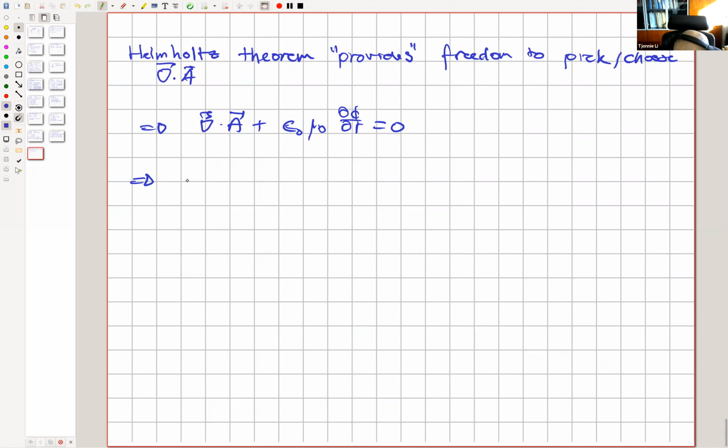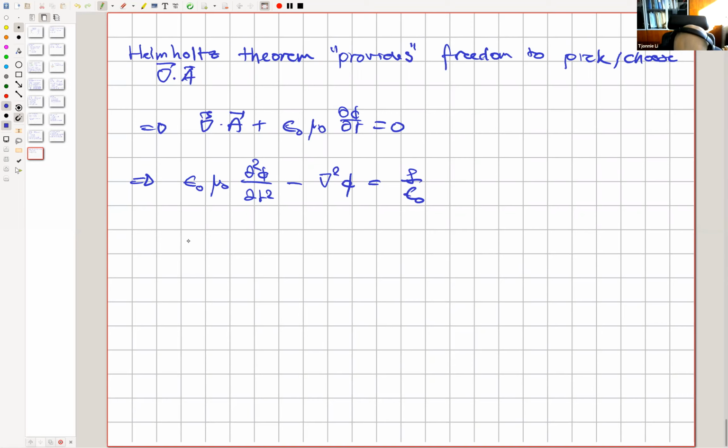Just write them down. We got epsilon naught mu naught partial squared phi partial t squared minus the Laplacian of phi equals rho over epsilon naught.